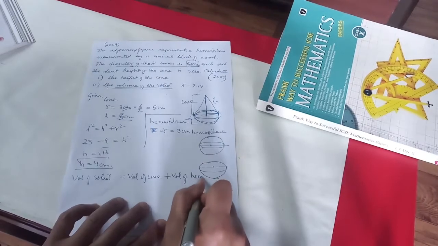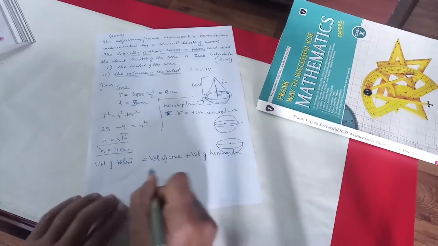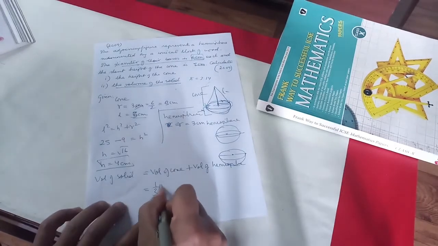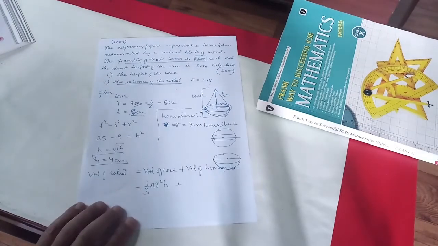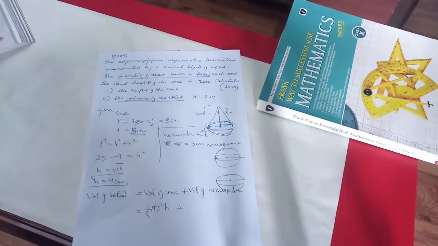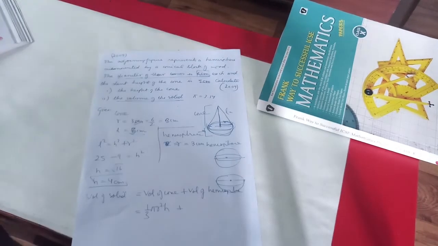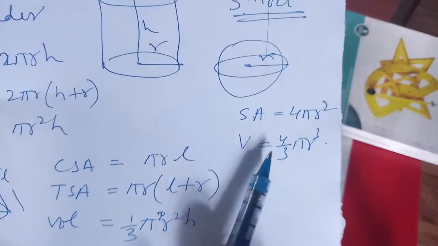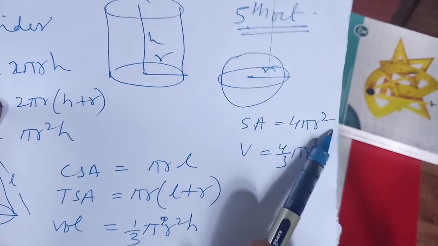It is quite simple. Volume of the cone you have just learned, it is 1/3 of the volume of the cylinder, and then the volume of a hemisphere. Here you need to remember the volume of a sphere, which we did last time. Let me remind you: volume of the sphere is 4/3 pi r cube.